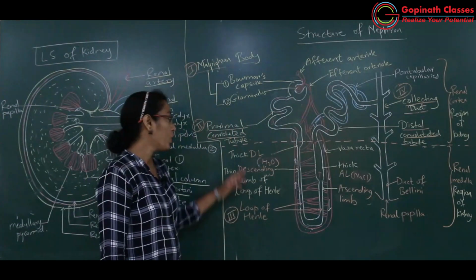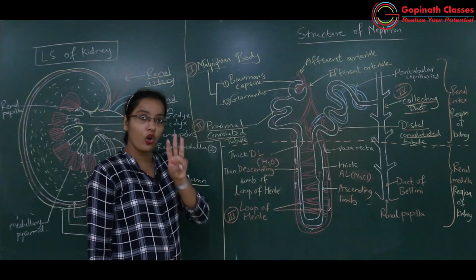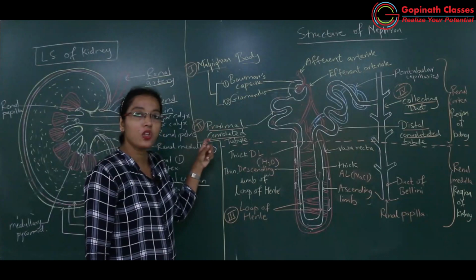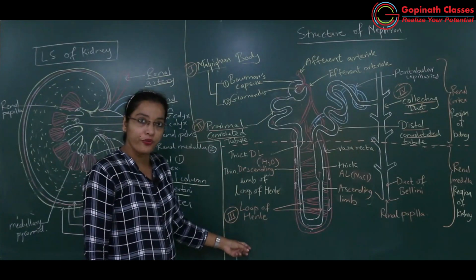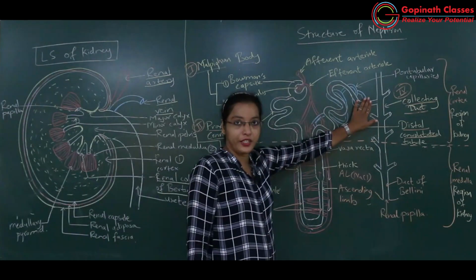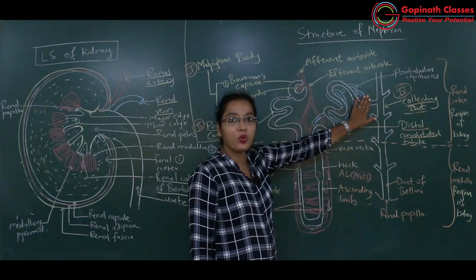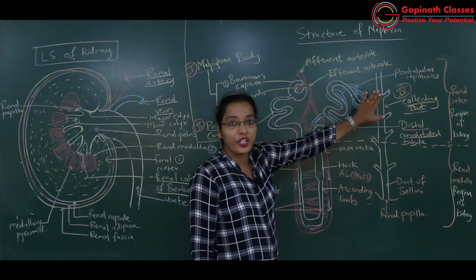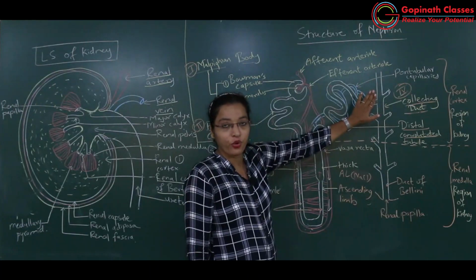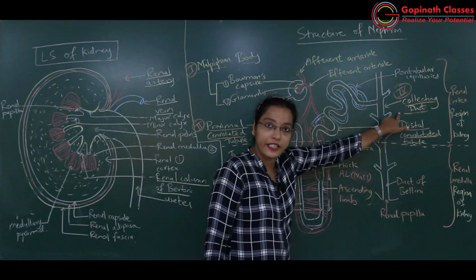So three regions are there of the renal tubule: proximal convoluted tubule, loop of Henle and distal convoluted tubule. Distal convoluted tubules of different nephrons will open in the collecting duct.